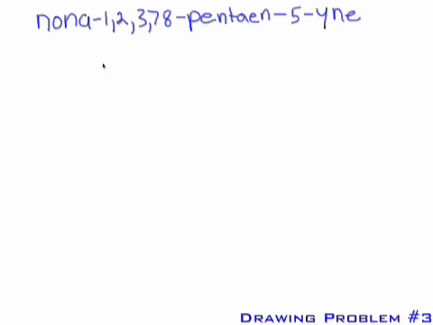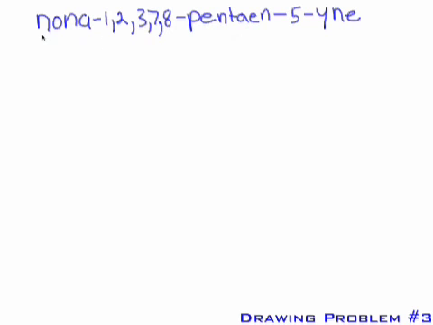Now the reason it's a bit confusing is the presence of the penta. Is it a pentaene? Is there 5 carbons or is there 9 carbons?